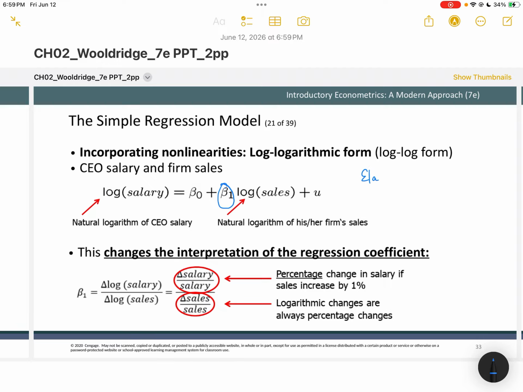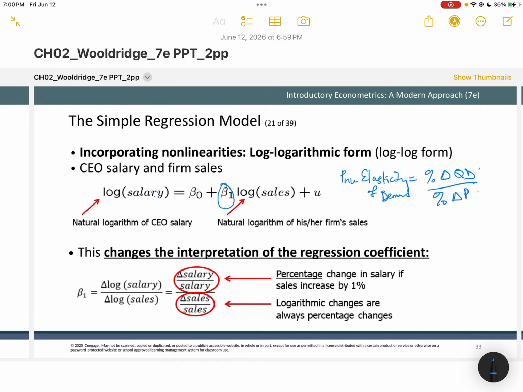For those of you who need me to remind you, price elasticity of demand is calculated as percentage change in quantity demanded over percentage change in price. But the idea here is it's a ratio of percentage changes, right? So regardless of what our y and our x are, we are looking at an elasticity.